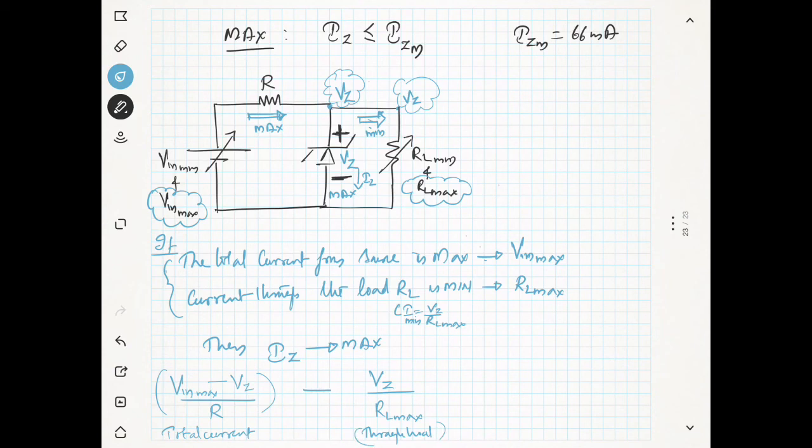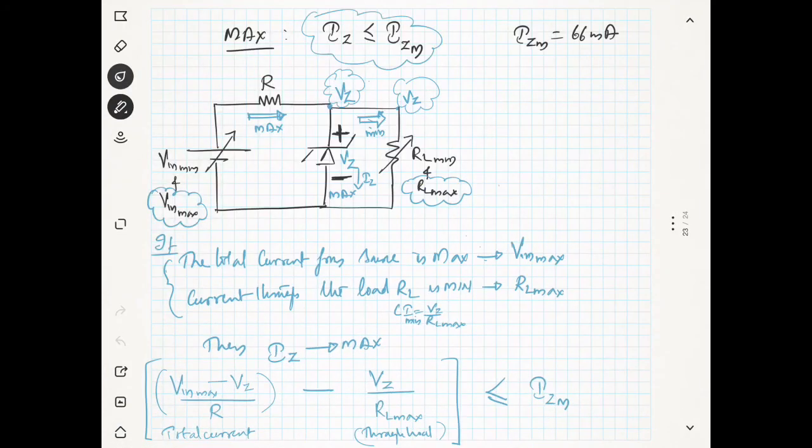If you subtract the current through the load from the total current, you will get the current through the Zener diode, and this quantity should be less than or equal to the maximum current, as I told you before. Otherwise what will happen? The current will exceed the limit and the Zener diode will be damaged.